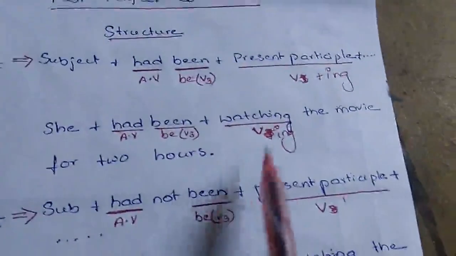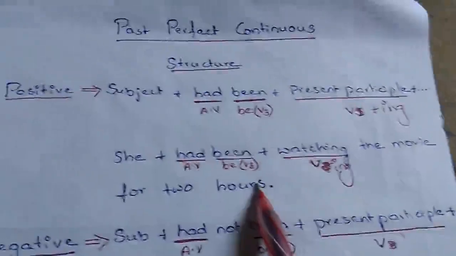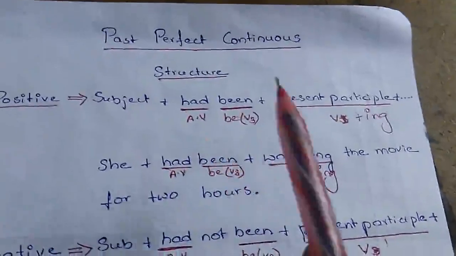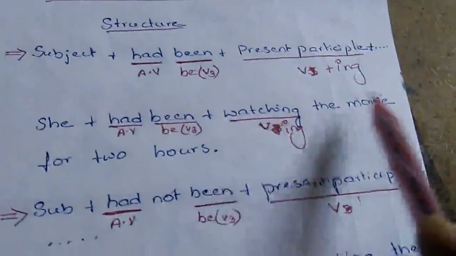Here watching is the present participle form which we have used to make it past perfect continuous tense. She had been watching the movie for 2 hours.